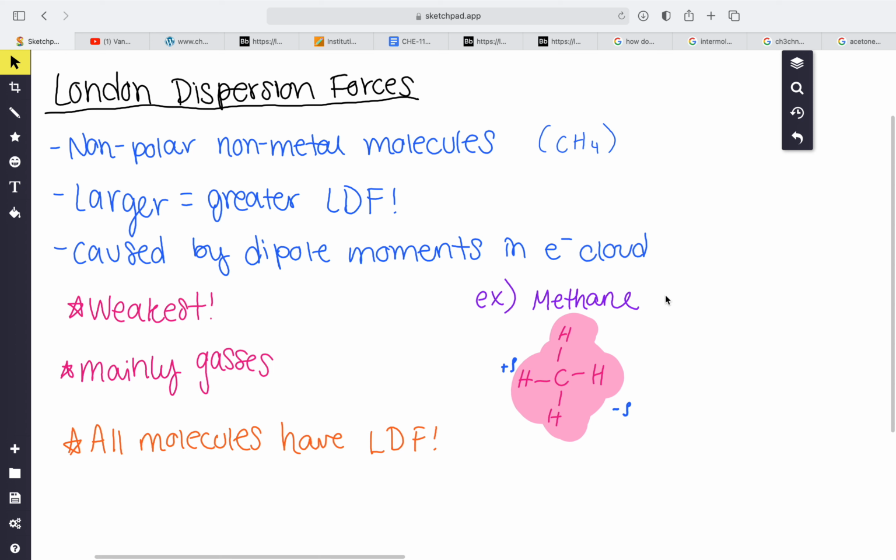Again, if you have something that has hydrogen bonding, that's going to be way stronger than the London dispersion forces, but the London dispersion forces are still there and still contributing, they're just being a lot outweighed by the hydrogen bonding. So we don't really mention it, but if a question asks what the intermolecular forces of something that's hydrogen bonded are, you could say hydrogen bonding and London dispersion forces, right? Because those both are present.